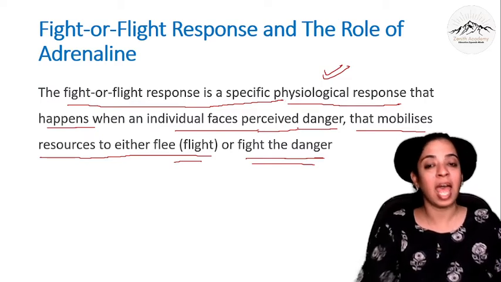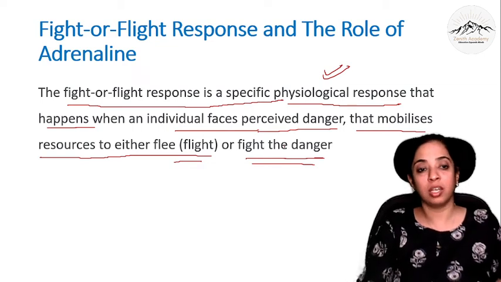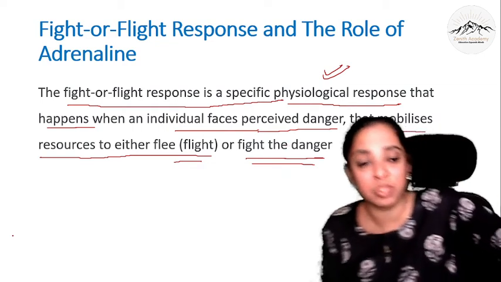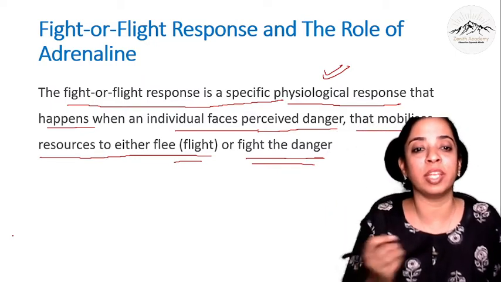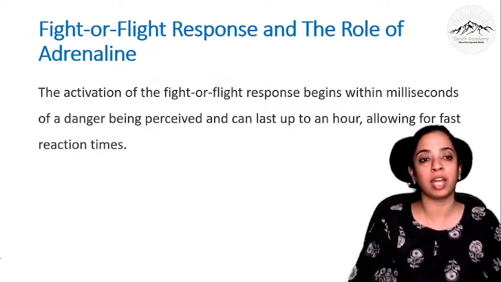It brings into action the resources in our body. So what are the resources? The different hormones and the enzymes. They help us to either flight or fight. Now how it happens, I will talk to you about that also.